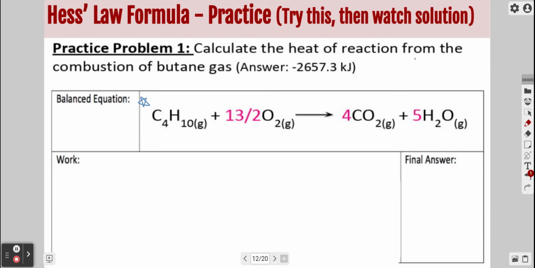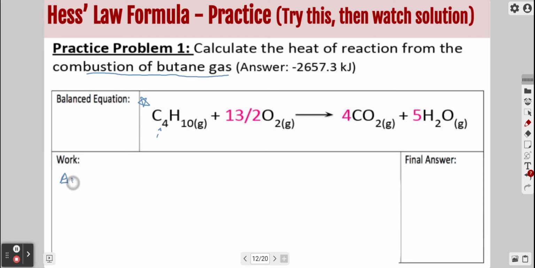Anyway, calculate the heat of reaction from the combustion of butane gas. All right, so we've got our balanced equation for butane. Remember, butane has 4 carbons in it. It's a 4-carbon chain. Let's write out our equation from page 5 in our data booklet.